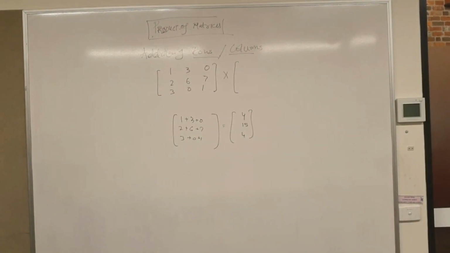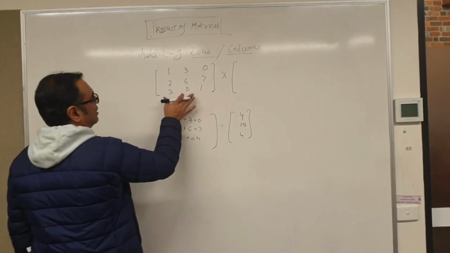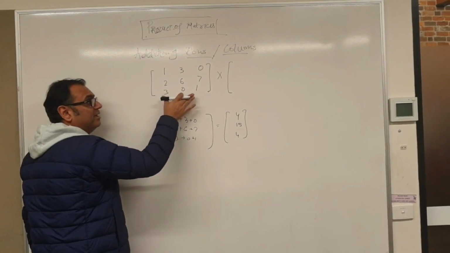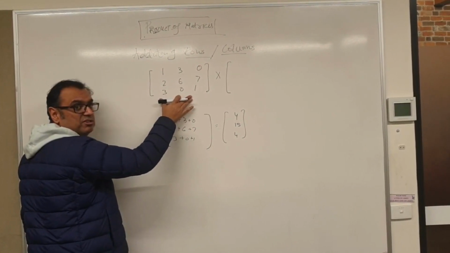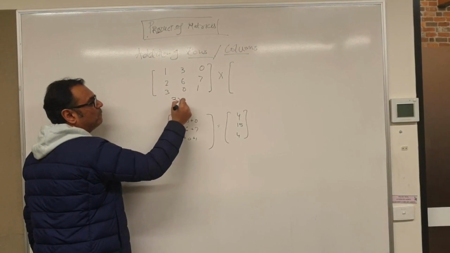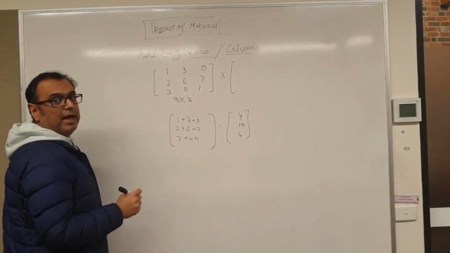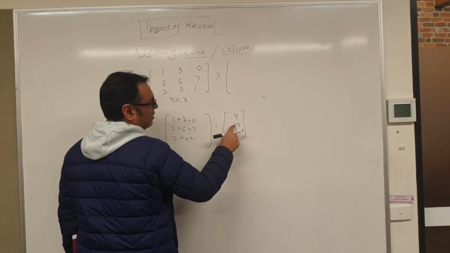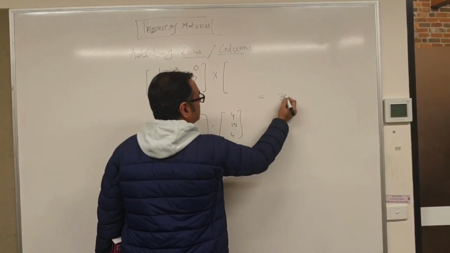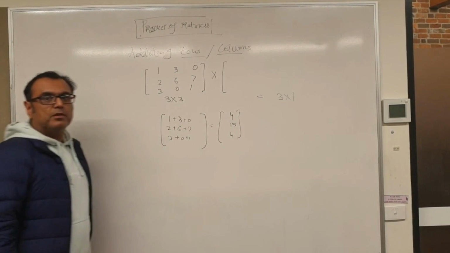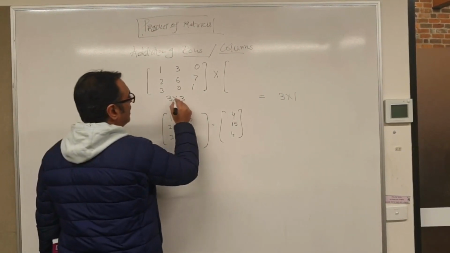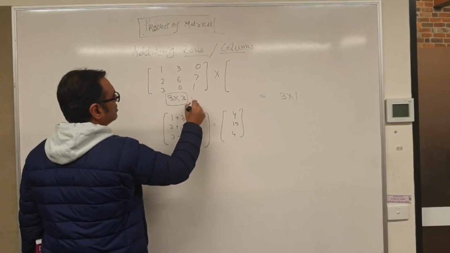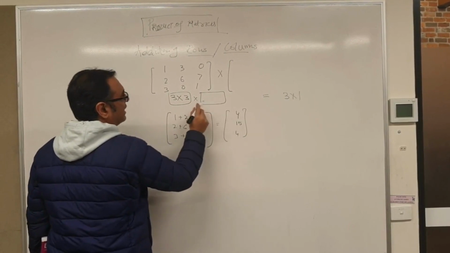Now let's try to get some brain around it. What is the order of this matrix? 3 cross 3? And I need to get what? I need to get a 3 cross 1 matrix, correct? So what should I multiply this matrix with so that I get a 3 cross 1?